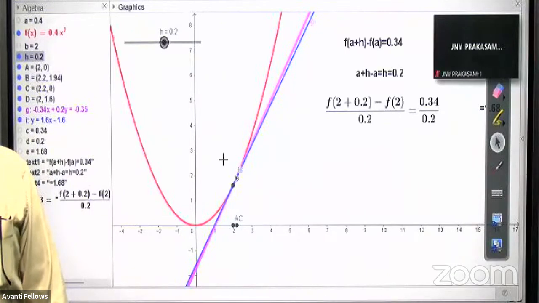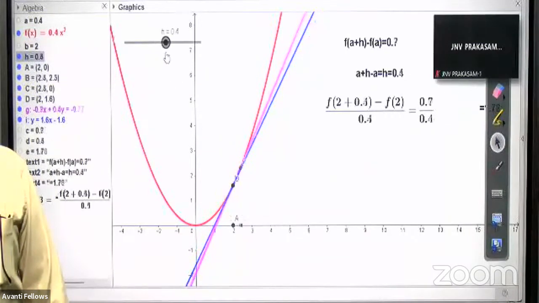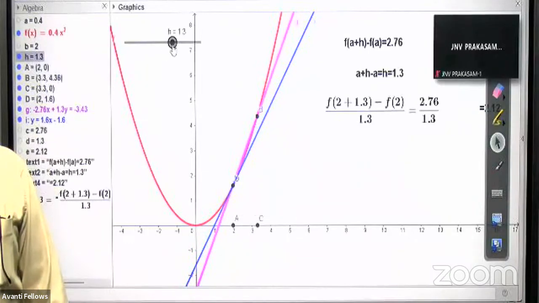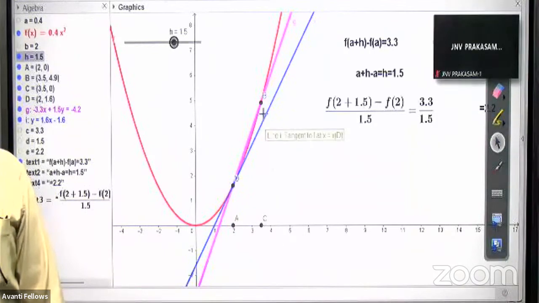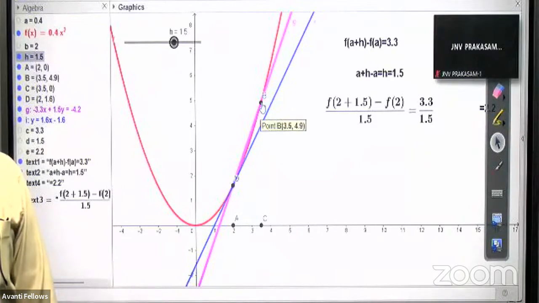So what we can observe in the graph, you can see a line which is passing through the point 2 comma f of 2 at the point D. Okay, 2 comma f of 2 actually this one, and the second point B, that is a point represented by a plus h comma f of a plus h.